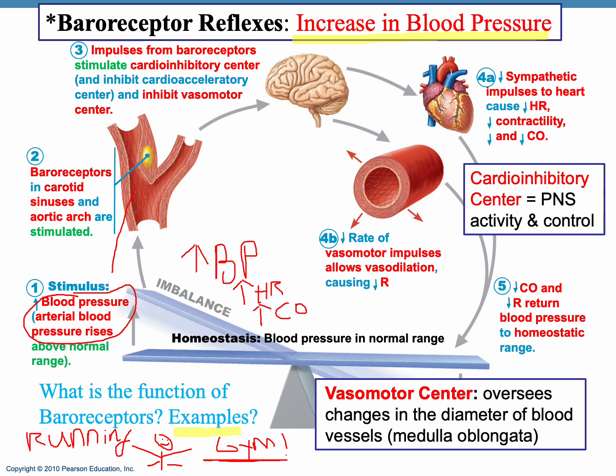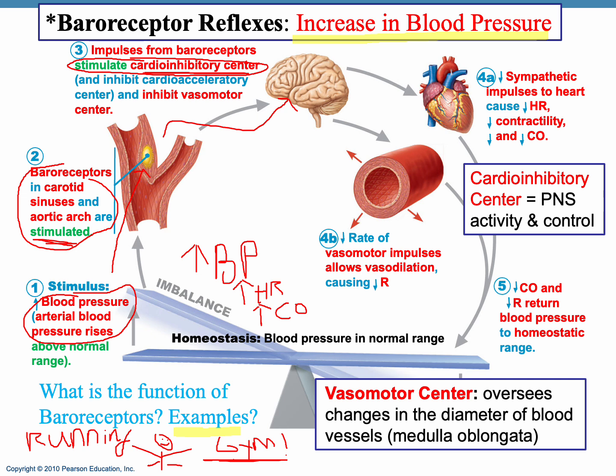Messages then are eventually going to be sent to the baroreceptors in the carotid sinuses and aortic arch. So they become stimulated, these baroreceptors. Messages then are sent to your brain, in this case going to the cardio-inhibitory center. There's going to be stimulation of the cardio-inhibitory center.